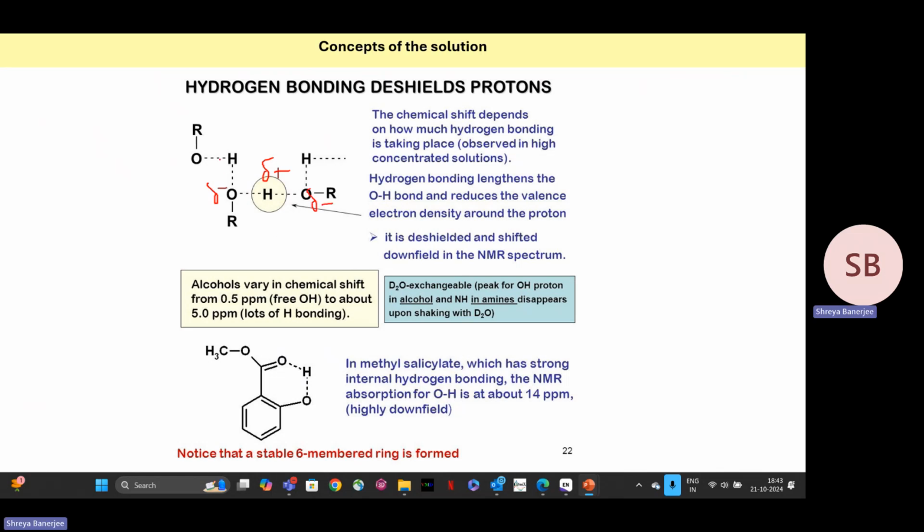So this is how the hydrogen bonding occurs, and what happens is because of the two oxygen on both sides, more electron density is withdrawn away from the hydrogen and this delta plus increases. So if a hydrogen is involved in hydrogen bonding, it will go more and more downfield.